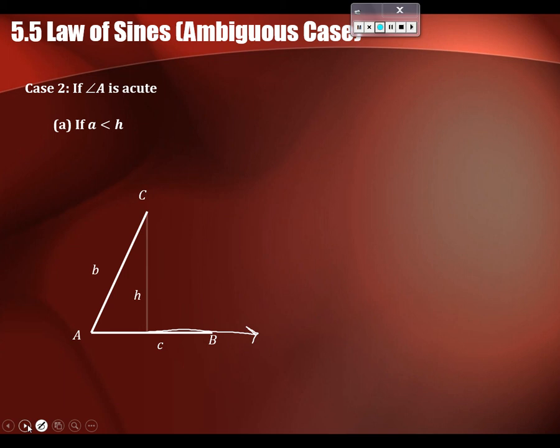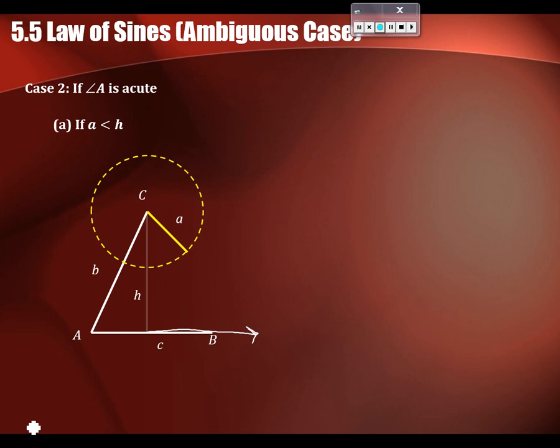H is not just the height of the triangle that's in our future. It also represents the minimum required length for A, doesn't it? It's the minimum distance away from C, the minimum distance away from the line. So again, we're in the case where we can't reach.